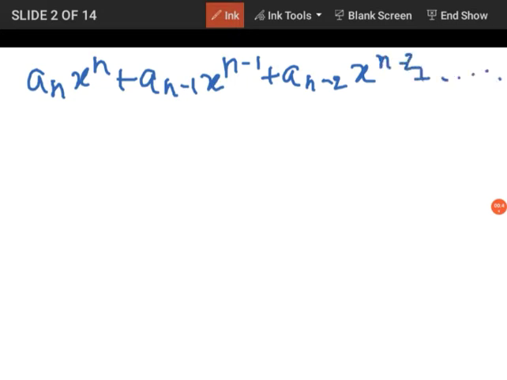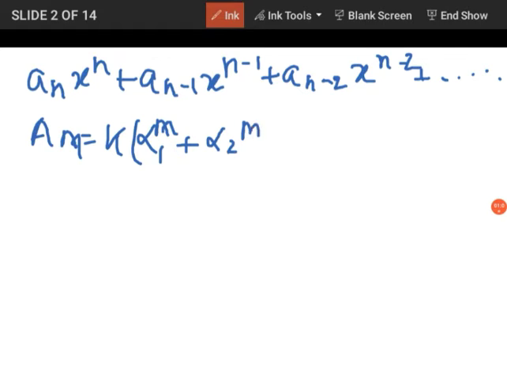Now we will define am as alpha 1 raised to the power m plus alpha 2 raised to the power m plus alpha 3 raised to the power m, and so on up to alpha n raised to the power m. Let me define am, because n we have already used.